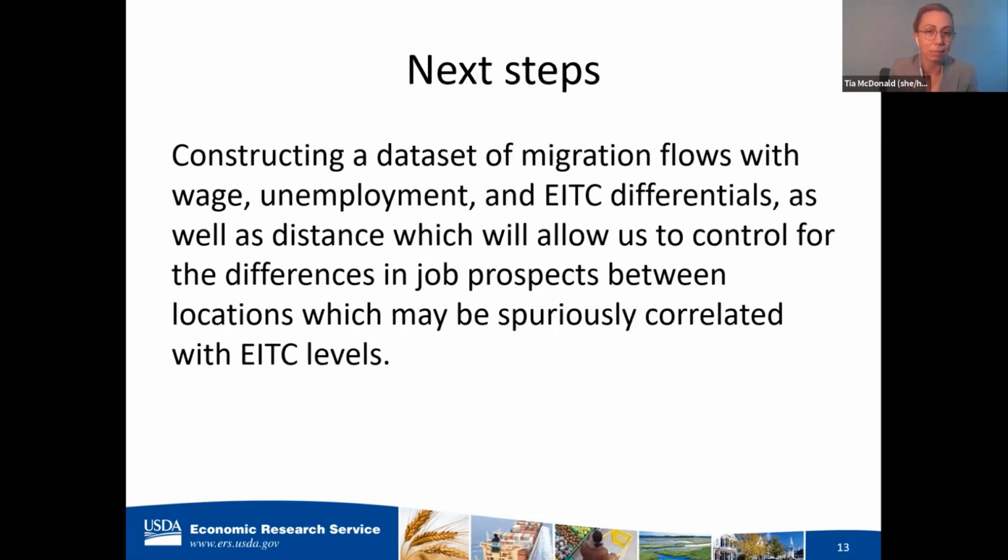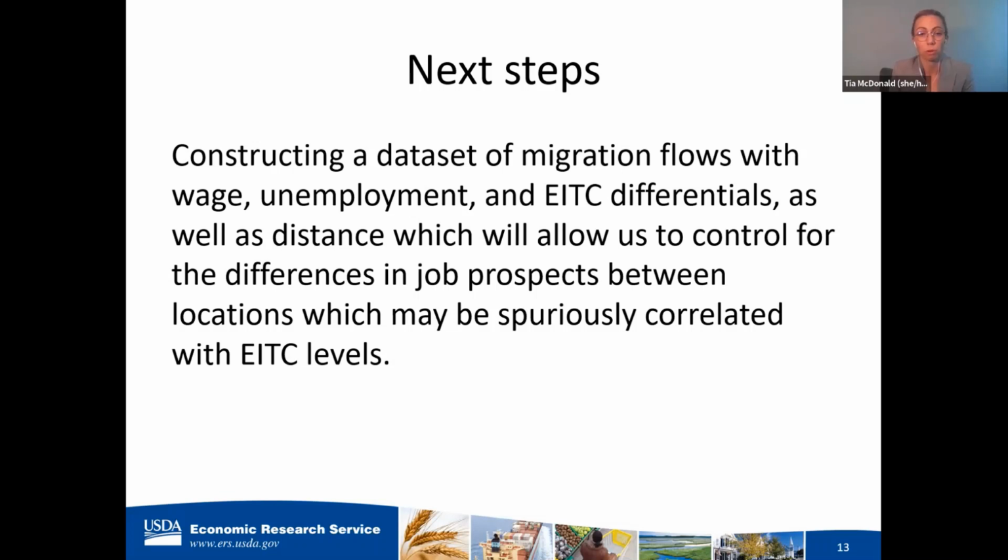Like I said, this is pretty rudimentary right now. We're just in that exploration stage. Our model doesn't have any controls except state and year fixed effects, so there's lots of opportunity to add something about job prospects.